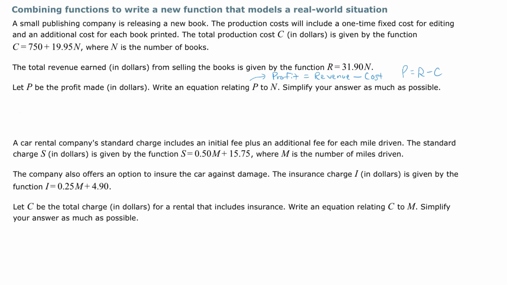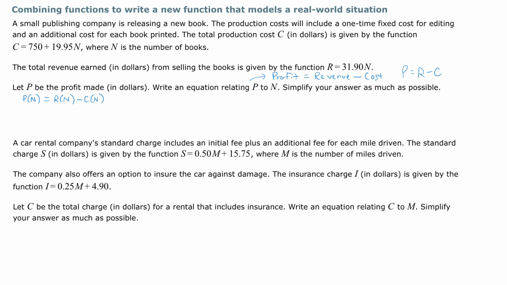Now we need to write a function here relating P to n. And so let's go ahead and use function notation. We're going to write P of n is equal to, one function was the revenue function, which is R of n, minus the cost function, which is C of n.